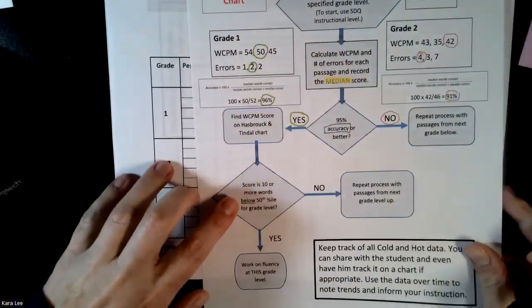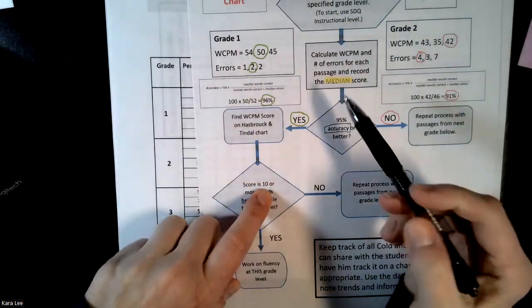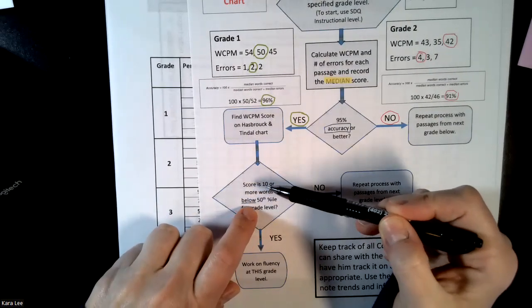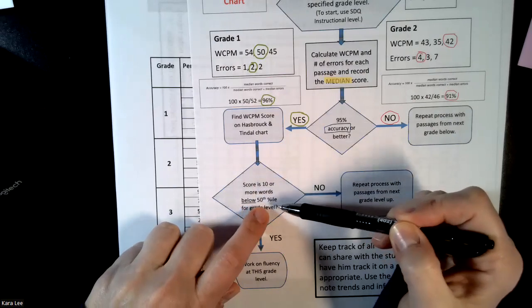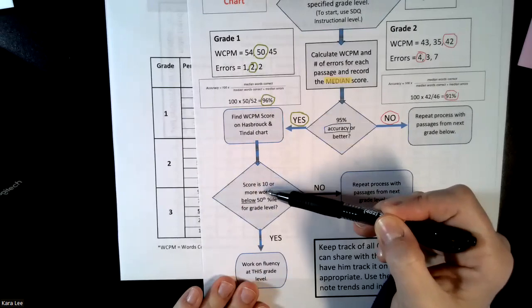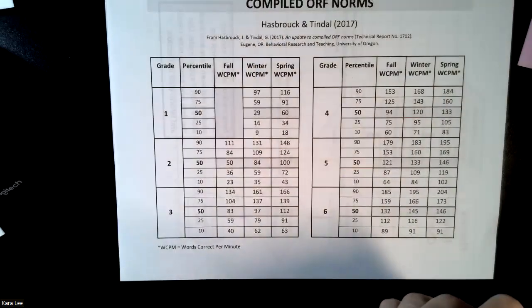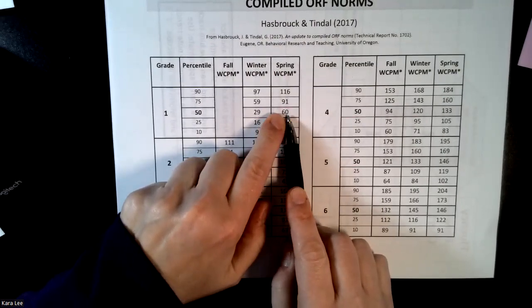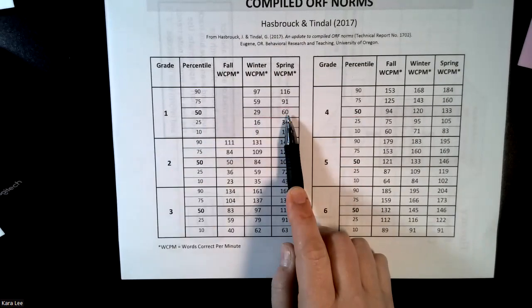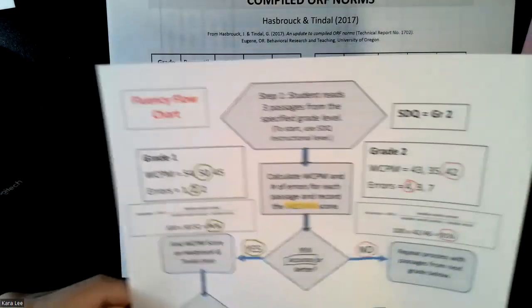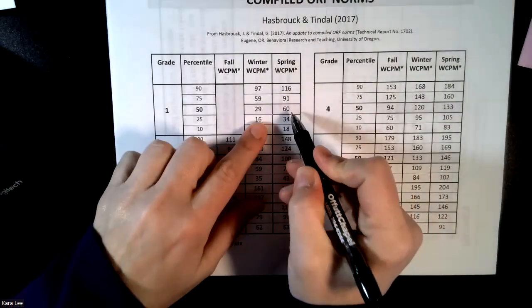And so is the words correct per minute score 10 or more words below the 50th percentile for that grade level? Well, the 50th percentile is 60. Okay. And what was my student's score? 50. So is that 10 or more below? Yeah, it sure is.